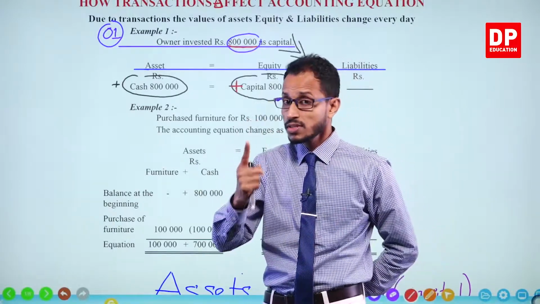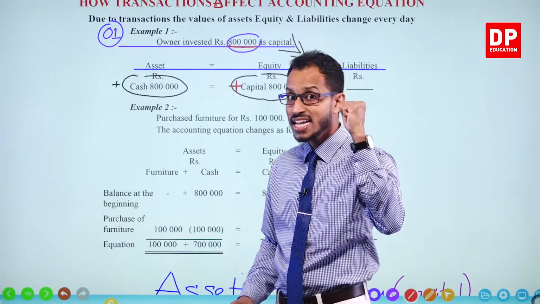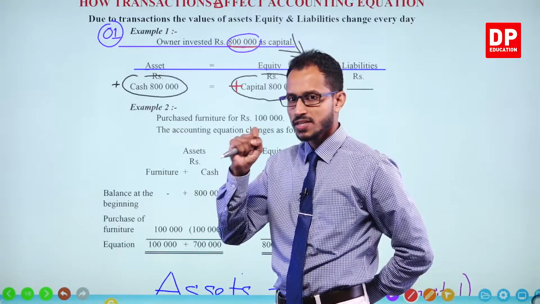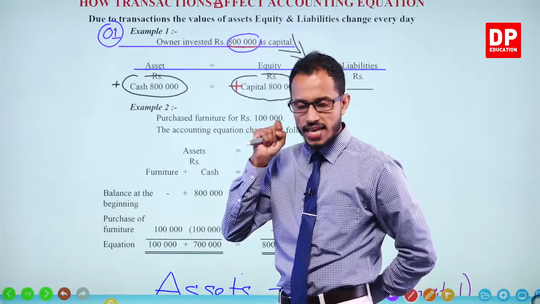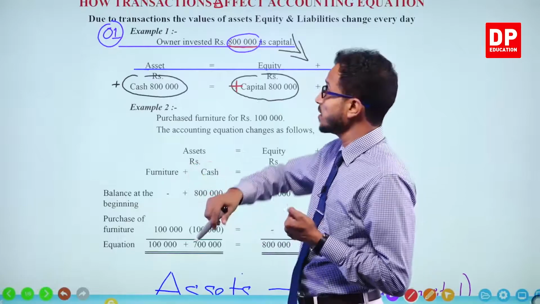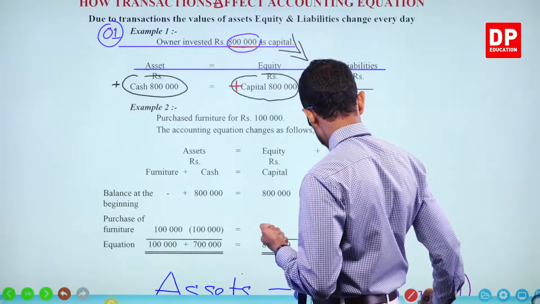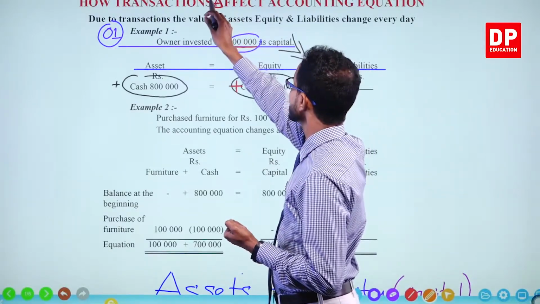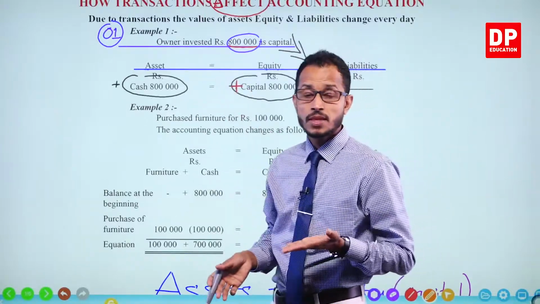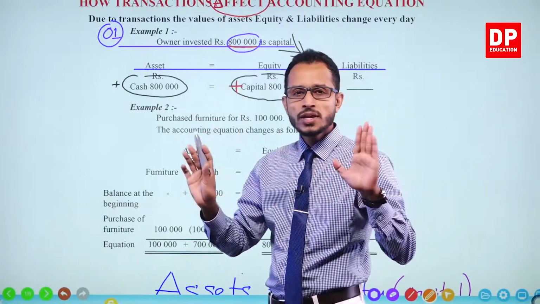The most important thing that you should bear in mind is this. When you do accounting for a business, when you record the effects of transactions in a business, you are not the owner of the business.